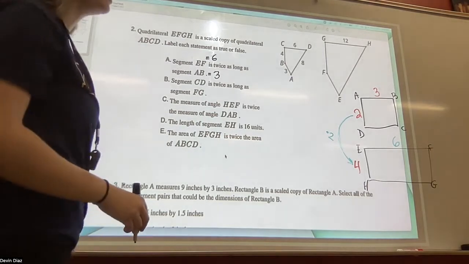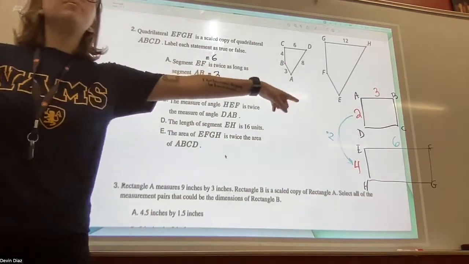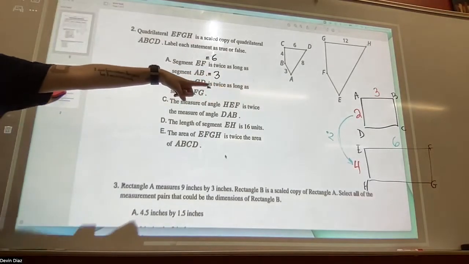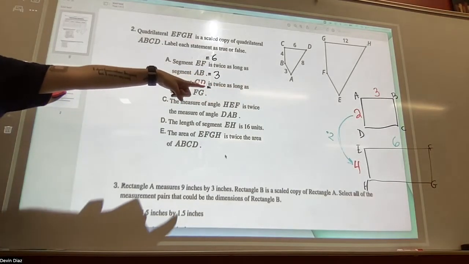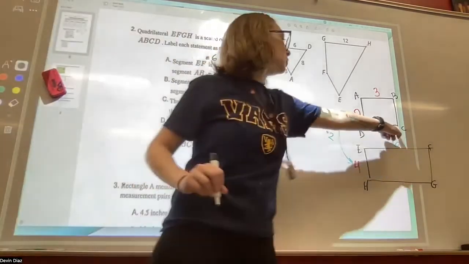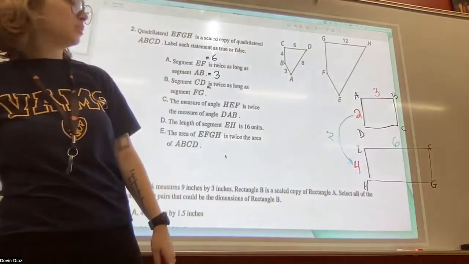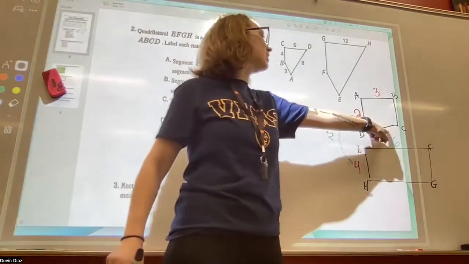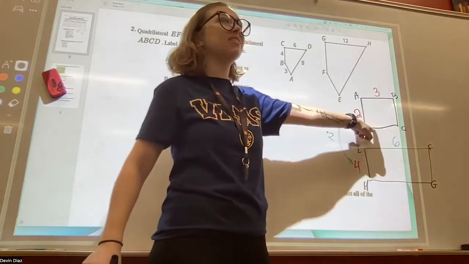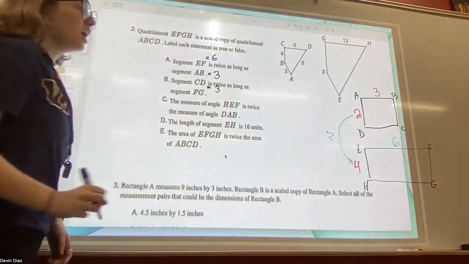If I'm doing the length of CD, I didn't write it on there, but what is the length of CD? I didn't write it, but remember this is a rectangle, so what length would that be? It would be 3. CD is 3.